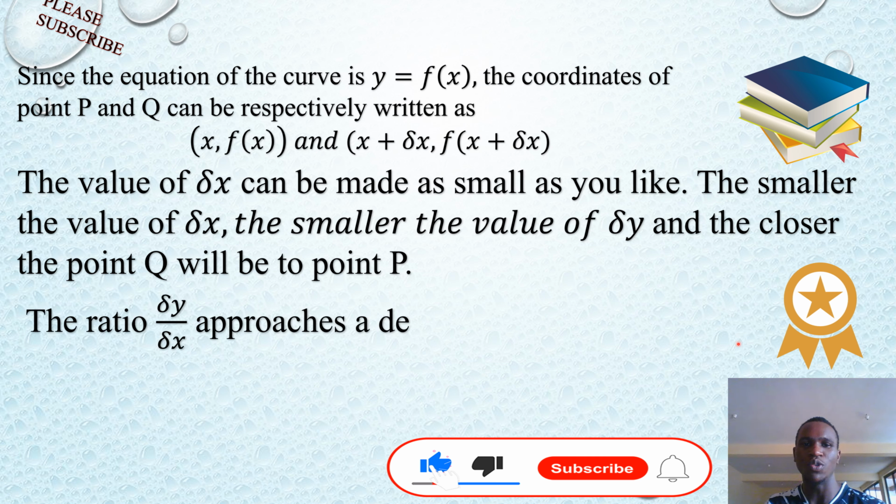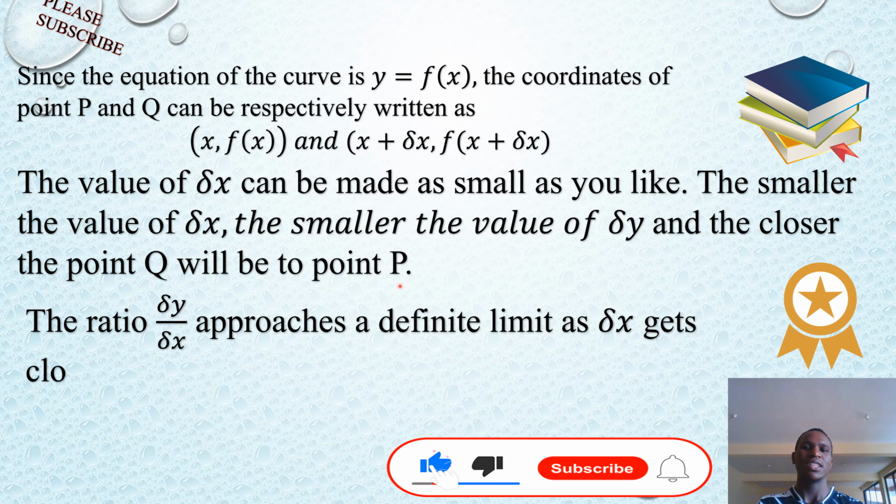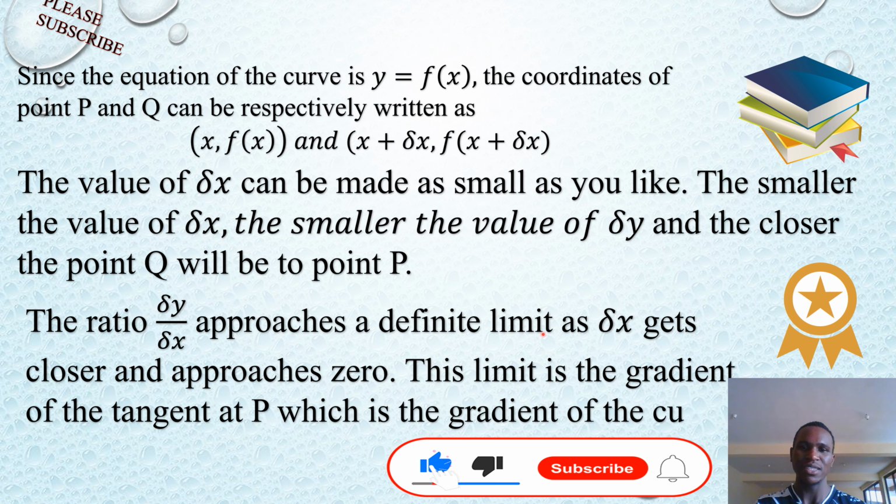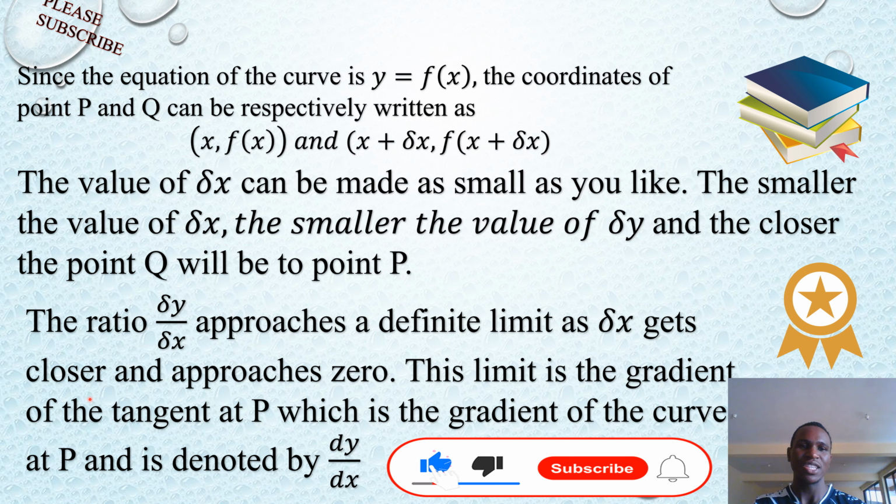Now this ratio, delta y on delta x, will approach a finite limit when delta x gets smaller and approaches 0. When they say approaches 0, it can be 0.00000, you can imagine that, but it is never 0.